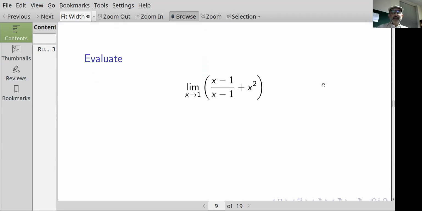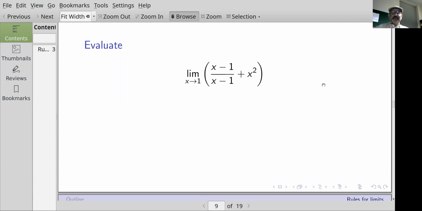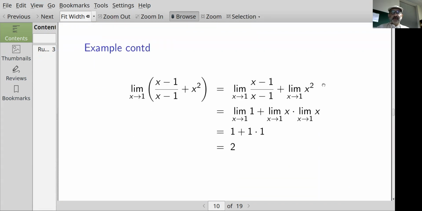Okay, so let's take a look at this. The limit as x goes to 1 of x minus 1 over x minus 1 plus x squared. That's a limit of a sum of functions. So if the limits of the individual functions exist, that's the limit as x goes to 1 of the first function, plus the limit as x goes to 1 of the second function.